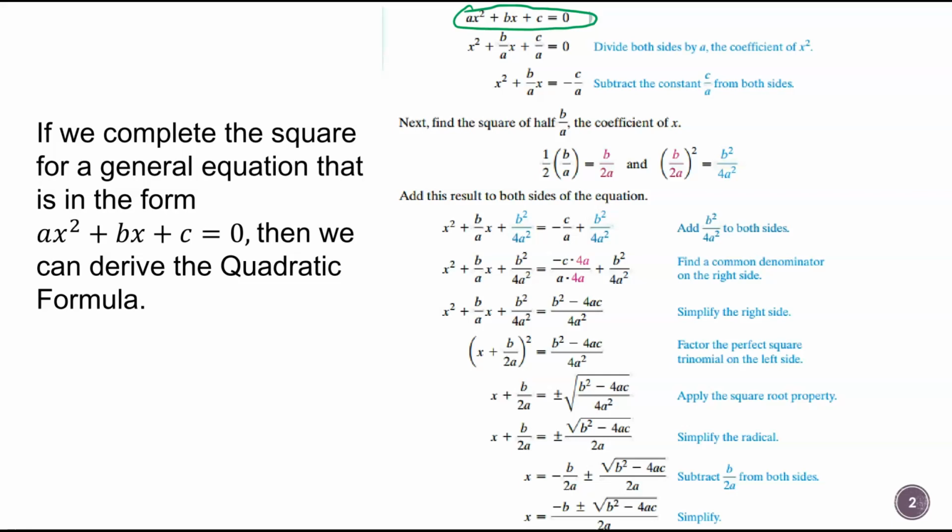So that's where you divide out the a, take half of the middle term and square it. We're going to add it to both sides and so on. And then once you work your way all the way through it and solve for x, you get the quadratic formula. Now, you do need to learn this formula and know it, and you will see that I have it on each slide as we progress through this lesson.